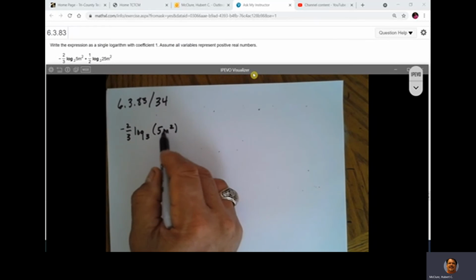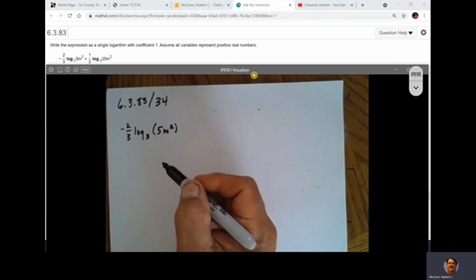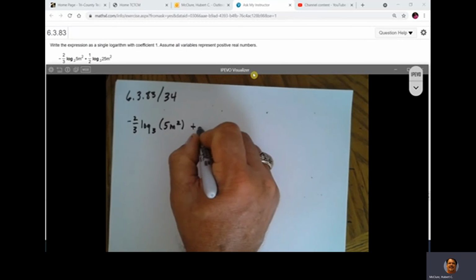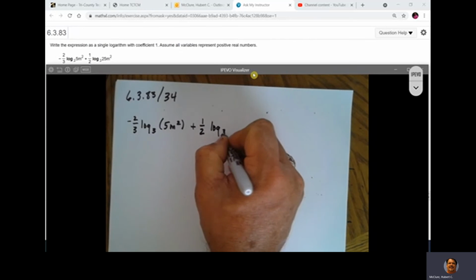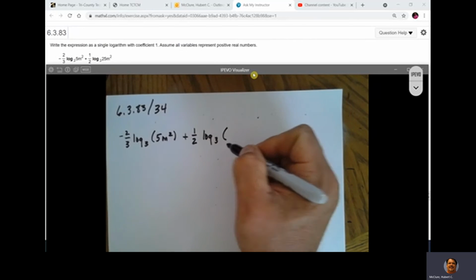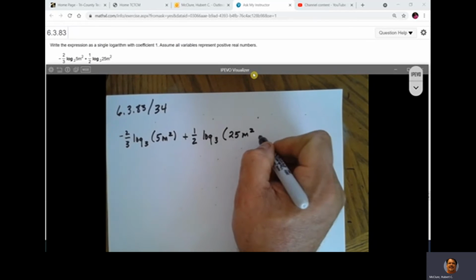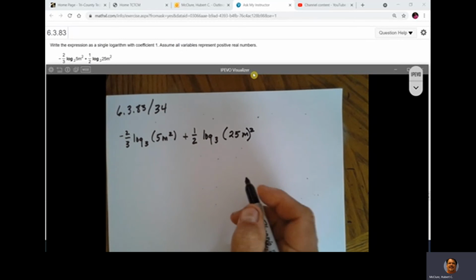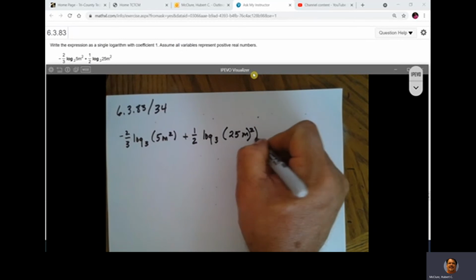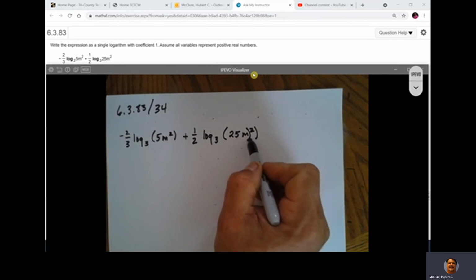So that might be important when you're rewriting, so you know what you're taking the log of. Plus 1/2 log base 3 of 25m squared. Sorry, oh shoot, 25m squared. There we go.